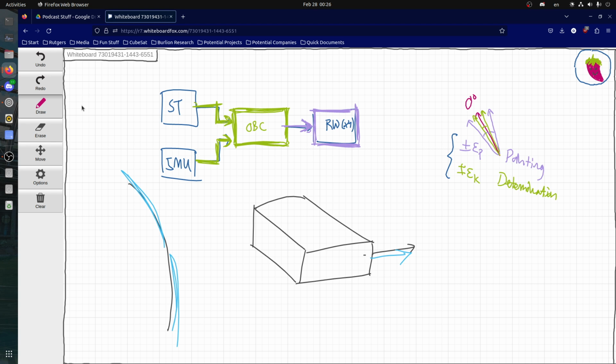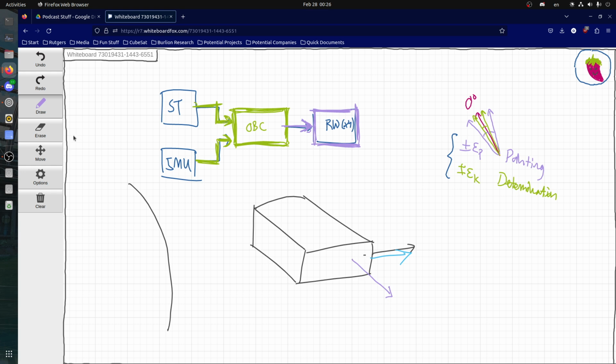But if we're communicating with the ground station, then we will be pointing straight at the Earth. Yes. So this is where a little bit of the configuration thinking has to happen. If the star tracker is pointing out this way, we would want our antenna to be this way.